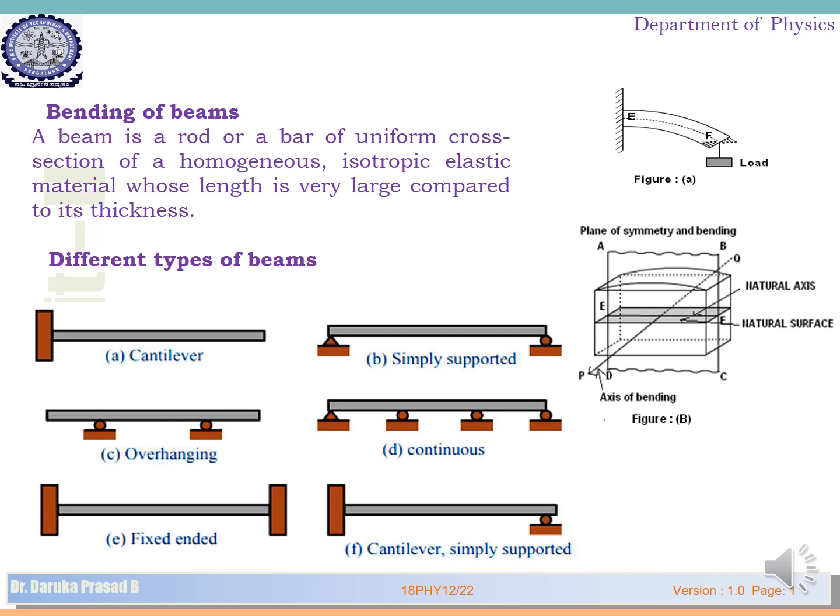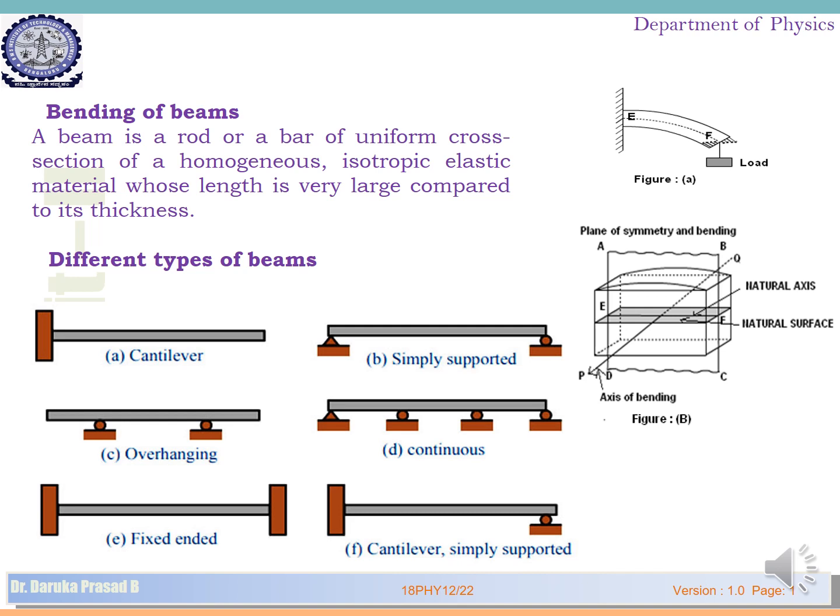Before understanding this, you should know some of the terminologies. If this is the bar, in the middle of this bar you have EF, that is the neutral axis, and the surface associated with it, which is perpendicular to the plane ABCD, is called the neutral surface.